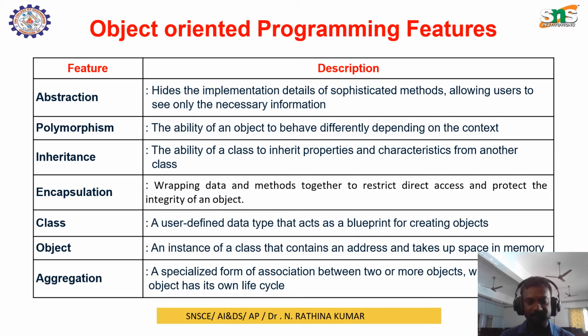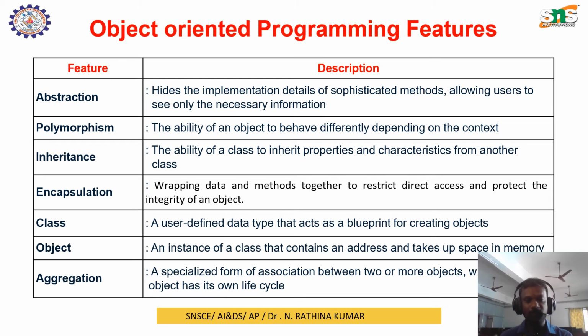The next one is polymorphism. First we see the definition: the ability of an object to behave differently depending on the context, which means the ability to take more than one form. In a practical example, a person inside the class acts as a student.